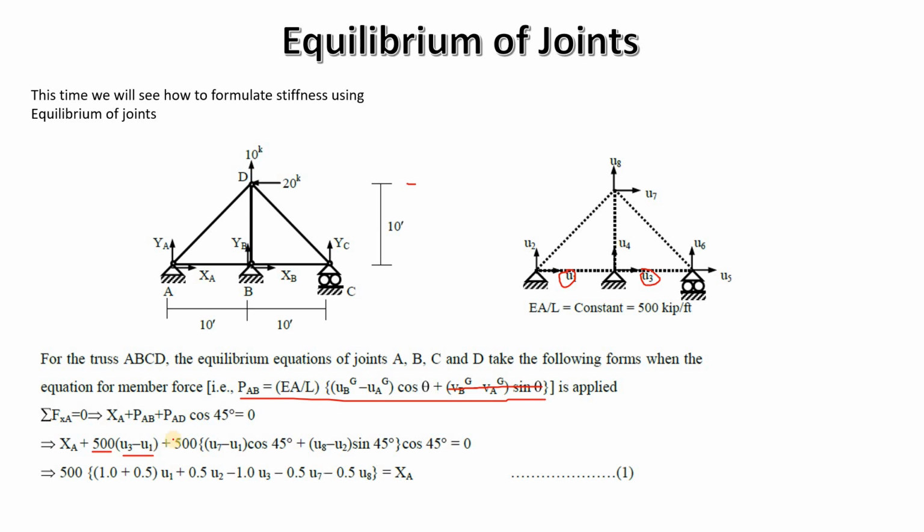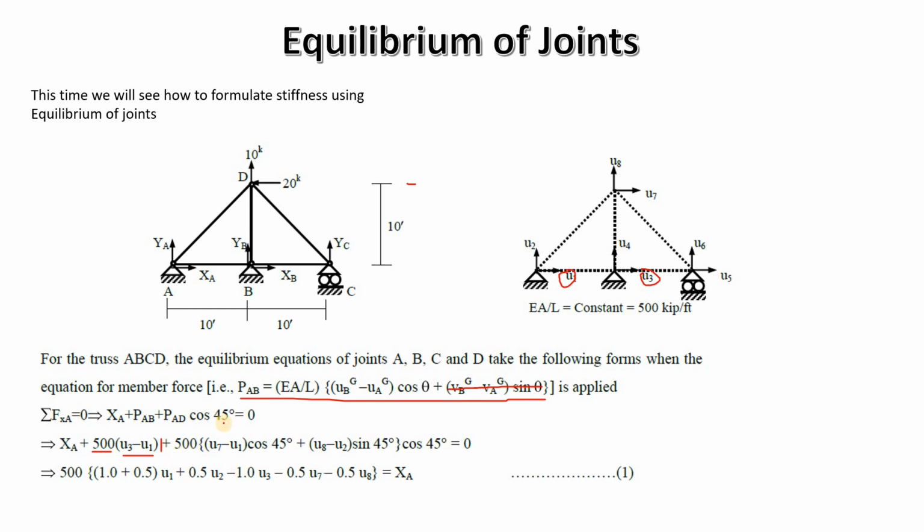So that is it for PAB, and this part is non-existent. And cos theta is 1, so there is no need to write multiplied by 1 here. Then we can move over to PAD cos 45 degrees.